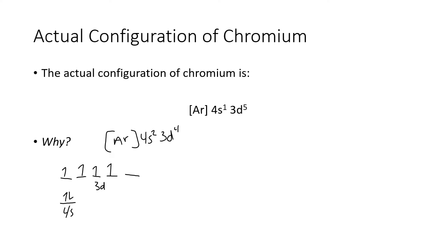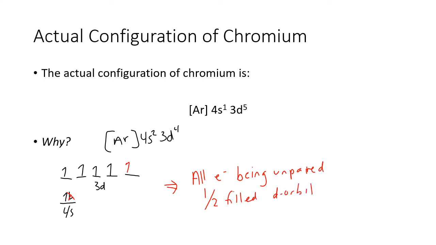The idea becomes that it's actually more beneficial for one of these electrons to jump up to the 3d level from the 4s level. What this leads to is all of the electrons being unpaired, and a half-filled set of d orbitals. Some people argue that that leads to a higher level of stability.